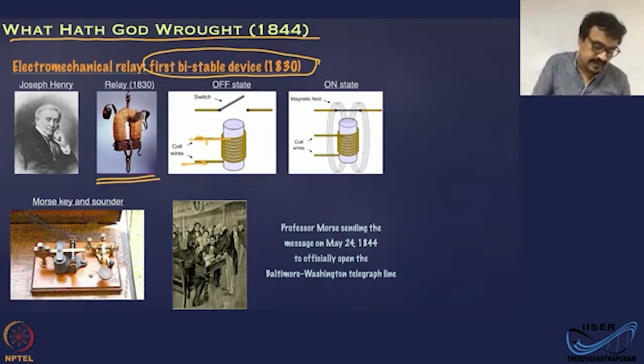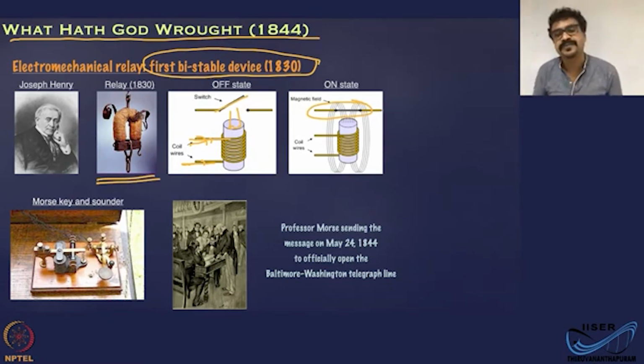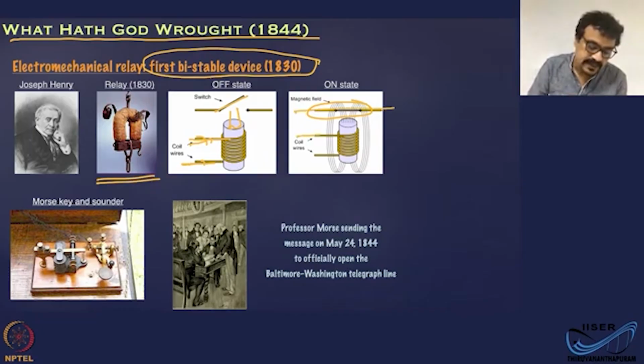When we apply current through this, it creates a magnetic field which pulls this arm and eventually closes the circuit. So you can switch the circuit on or off by the application of current, which creates a magnetic field. This is just a bistable device. It has two states, either on or off.